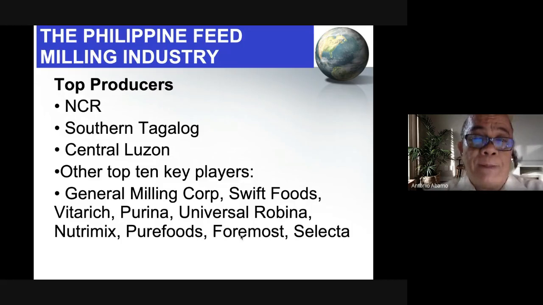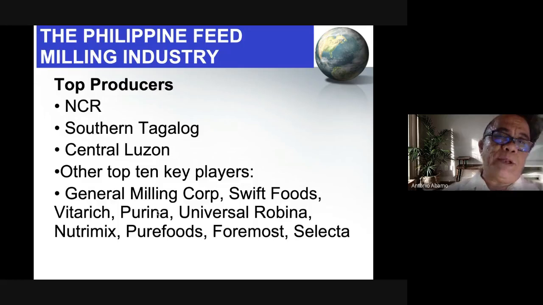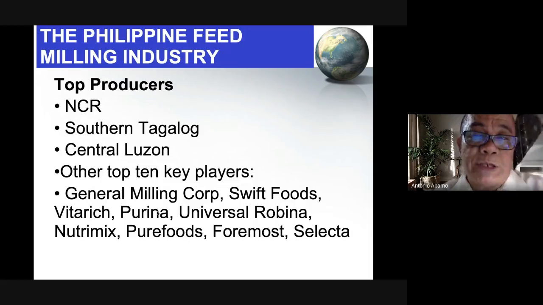That's why in Mindanao this time, particularly in Cagayan de Oro, these different feed mills are operating there because they want to capture the abundance of corn supply in Bukidnon and somewhere in Cotabato also. The entry of imported corn will also be in Cagayan de Oro City, which is an international port. So basically, sourcing and accessing raw materials is the reason why these feed mills are close to these different areas.